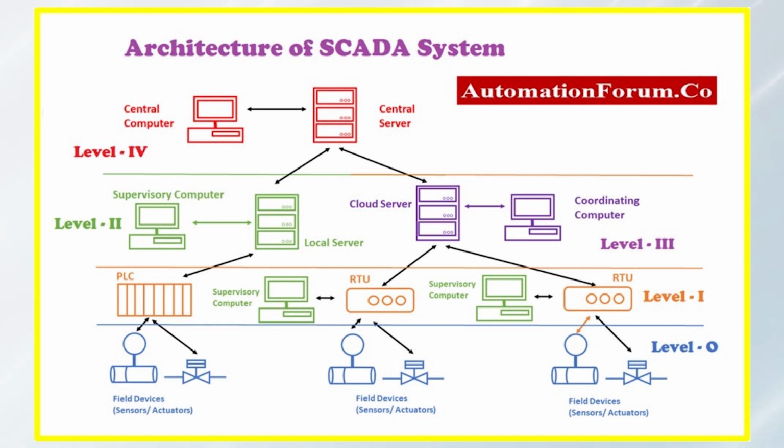Now, the first level includes sensors and actuators. Firstly, all the ground level or level 0 devices that actually communicate with the physical environment come under this level. There are many different types of sensors and actuators, all the physical devices, and all of these come under level 0.